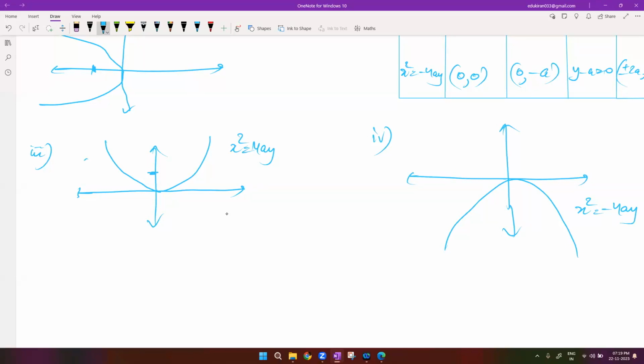You have to draw a rough figure only, by the way, in the whole chapter. You should know about the coordinates, but you don't have to scale up your figure. So this is all about parabola that we need to know.